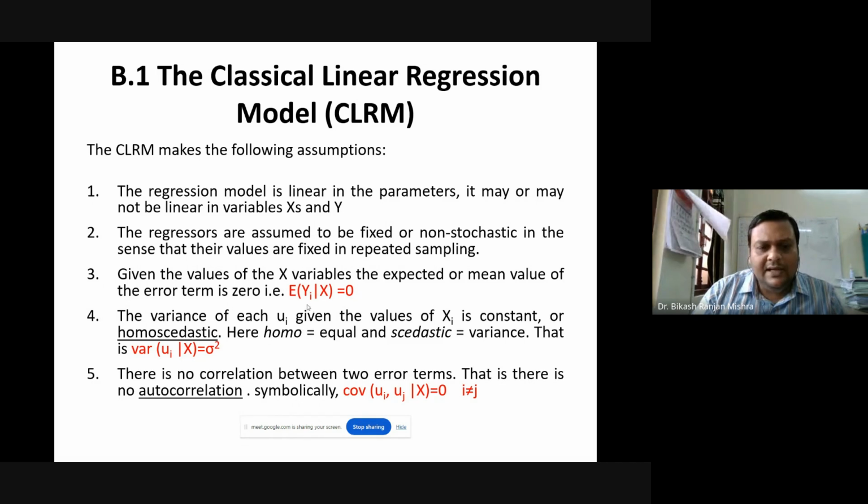The third assumption indicates that if you find its mean value, because the error term sometimes will be plus and minus in nature, that means the predicted value may be a little bit higher than the actual dependent variable, and sometimes it will lie below the actual value. So there will always be a positive and negative deviation.